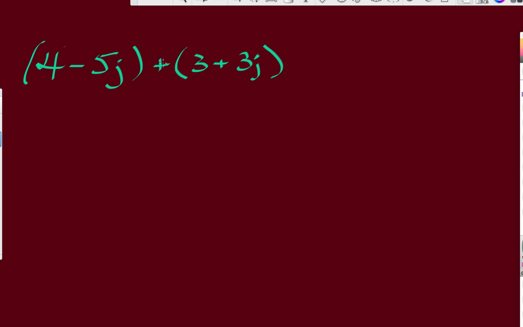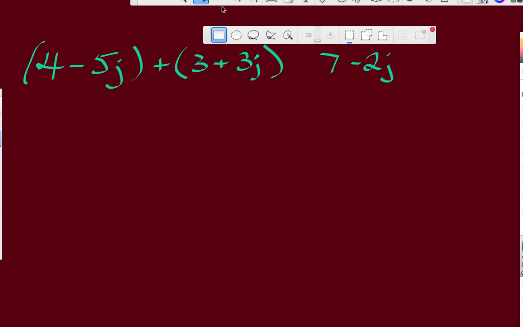So 4 plus 3 is 7. And then negative 5j plus positive 3j gives me negative 2j. Isn't that easy? Okay, so that's another problem. And we're going to get rid of that. Bye-bye.